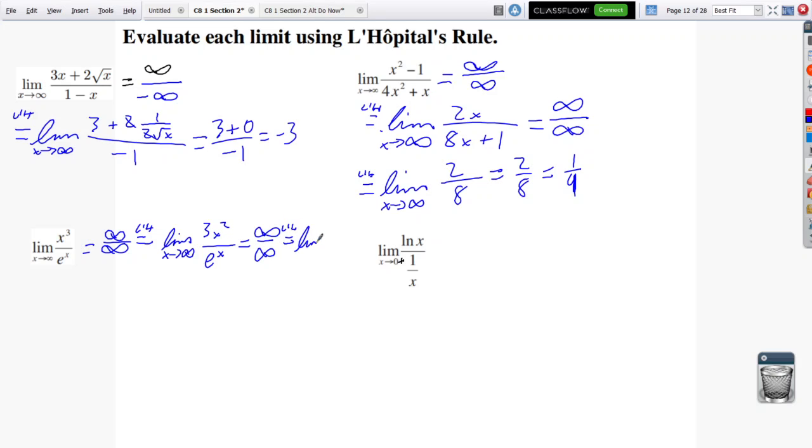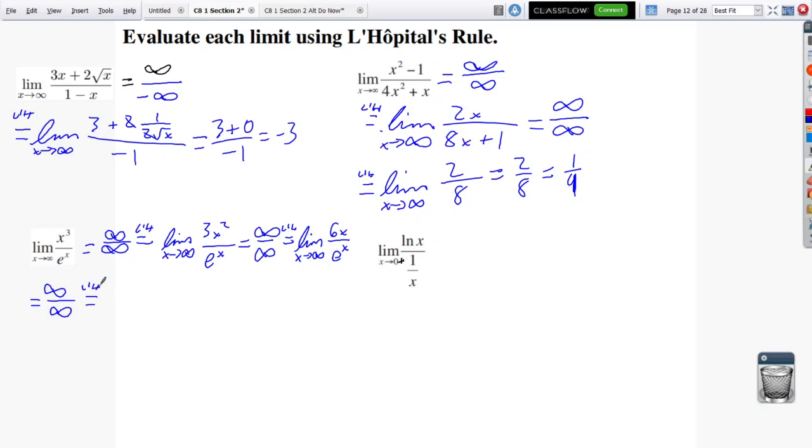So I'll get limit as x approaches infinity of 6x over e to the x. Okay, e to the x is just sticking around here. That's annoying to me. I plug in infinity, I get infinity over infinity.